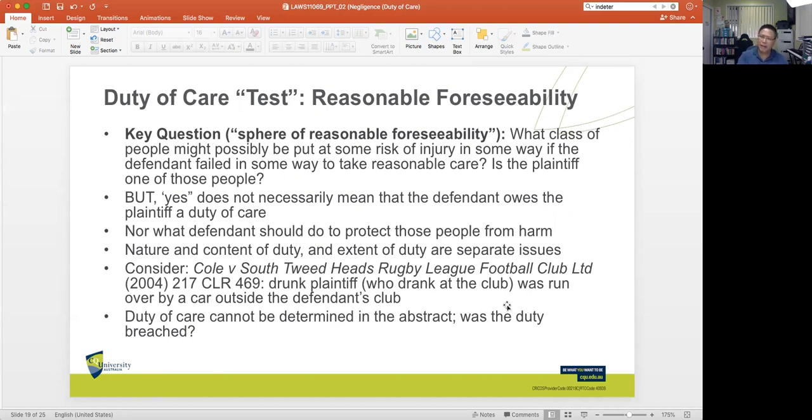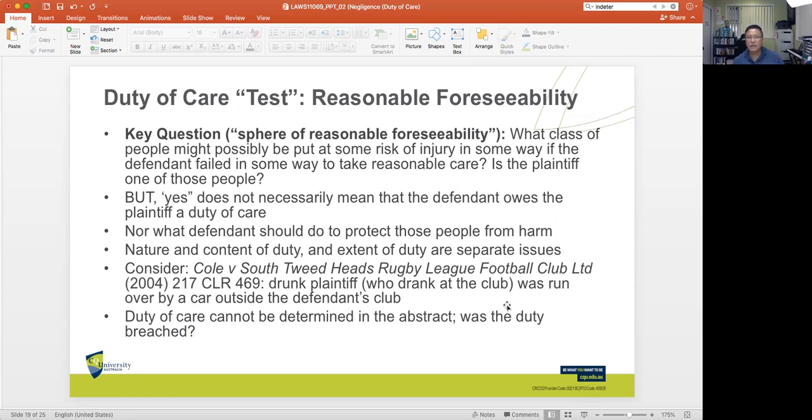So that makes a distinction between an intruder and somebody who has been invited to the house or invited to the car. Now, what we need to remember, however, is that even though the answer might be yes, that this particular plaintiff can fall within that class of persons to whom a duty of care might be owed, it does not necessarily mean that the defendant then owes the plaintiff a duty of care.